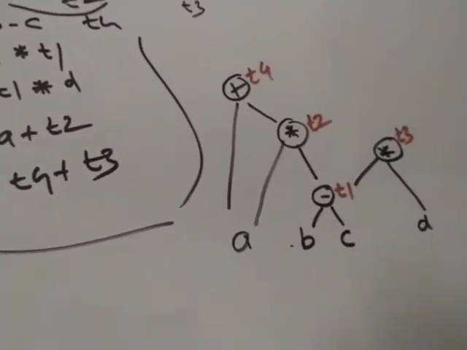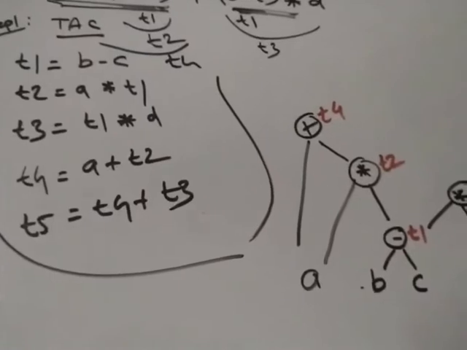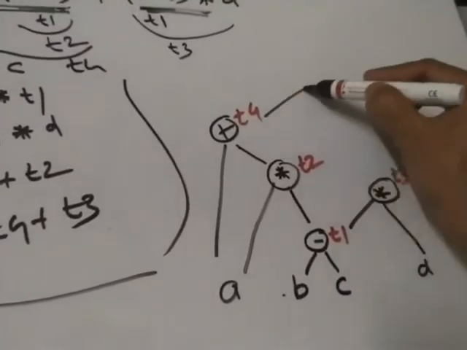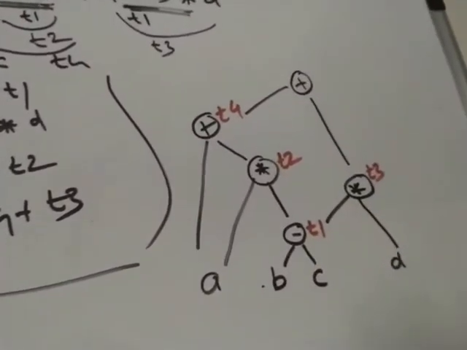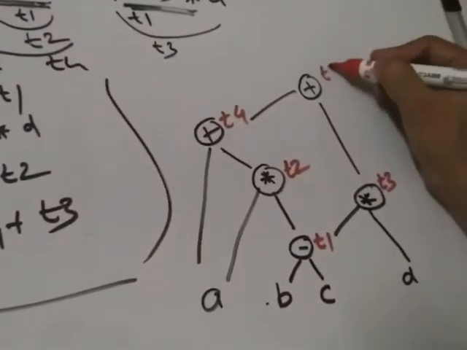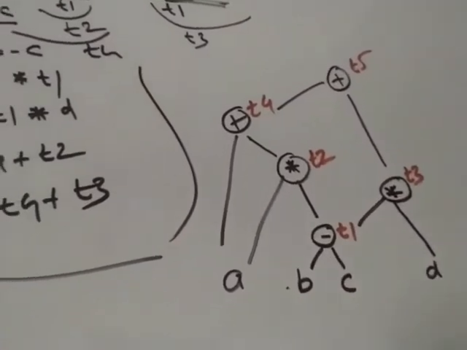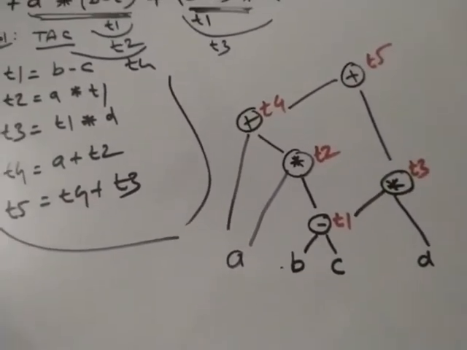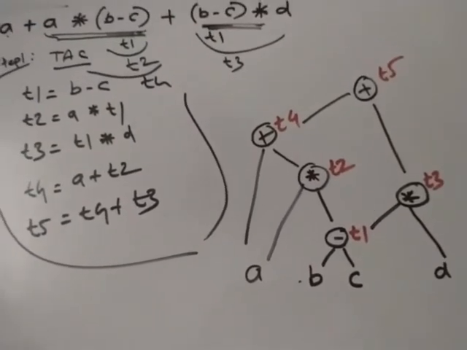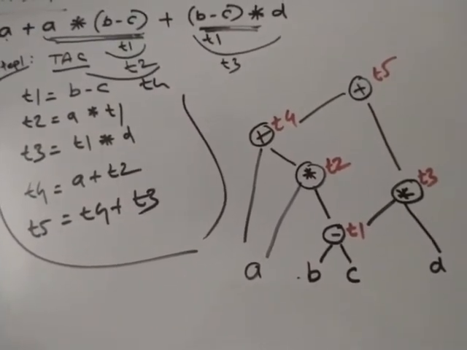And next we will have T5 as T4 plus T3. So T4 and T3 will be added together and this node will be called T5. So for the given example we created the three address code as well as constructed the DAG. So this is the solution. Thank you.